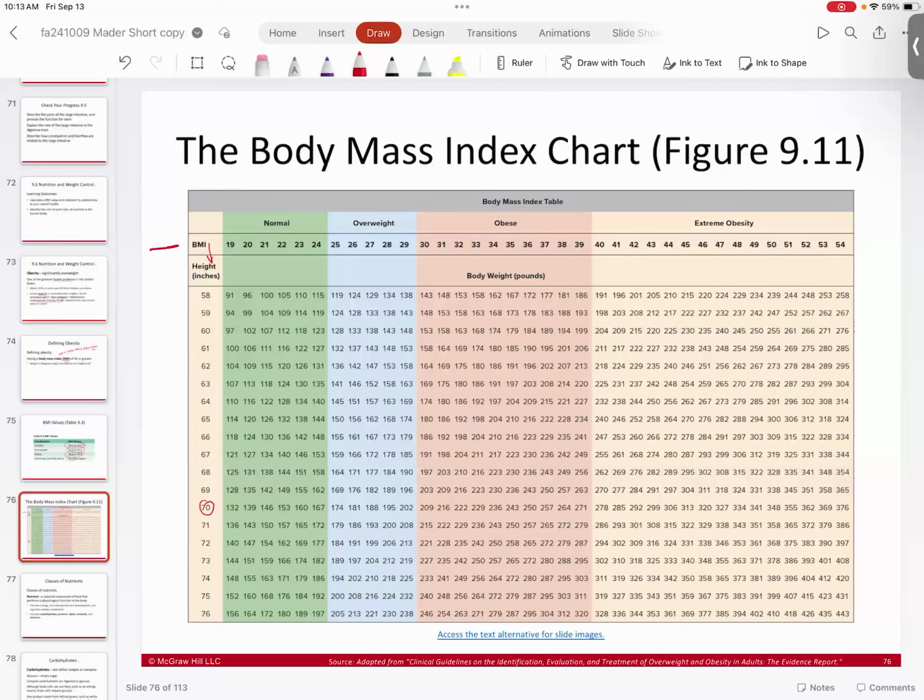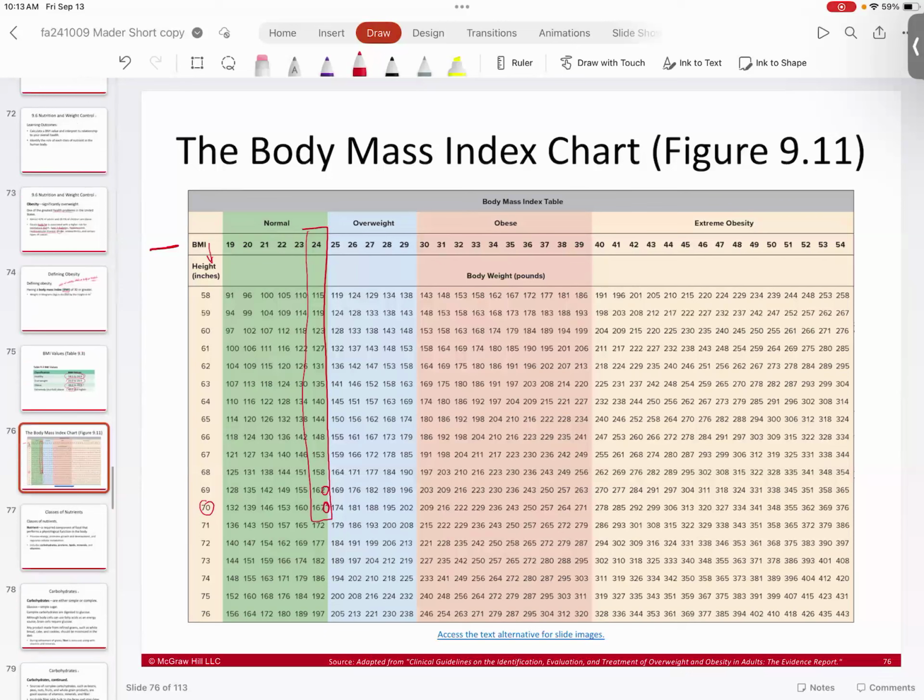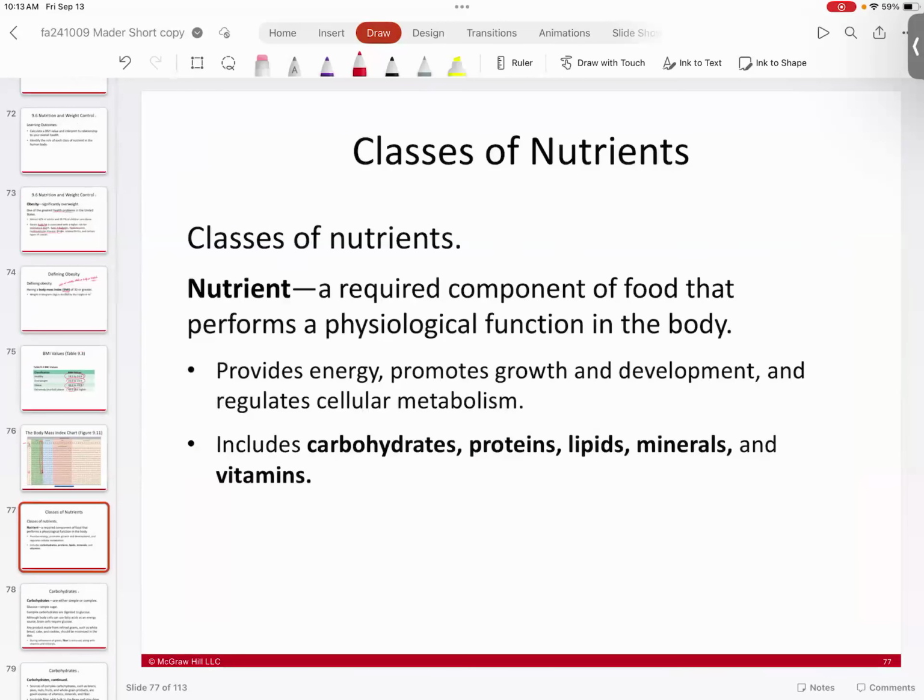So I'm right here. Depending on when I'm doing it, it's right in that sort of green zone. So I'm right in this area, right on the edge of normal and being overweight. So that's basically just a rule of thumb.